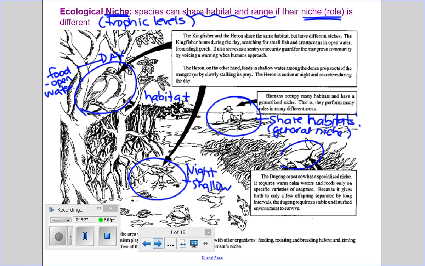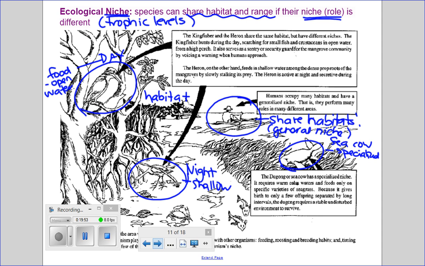Now, this organism here, which is a sea cow, I love the name of that, a sea cow. This organism has a very, very, very specialized niche. And what we mean to say is it requires some pretty specific conditions. It is not easy for this organism to adapt.